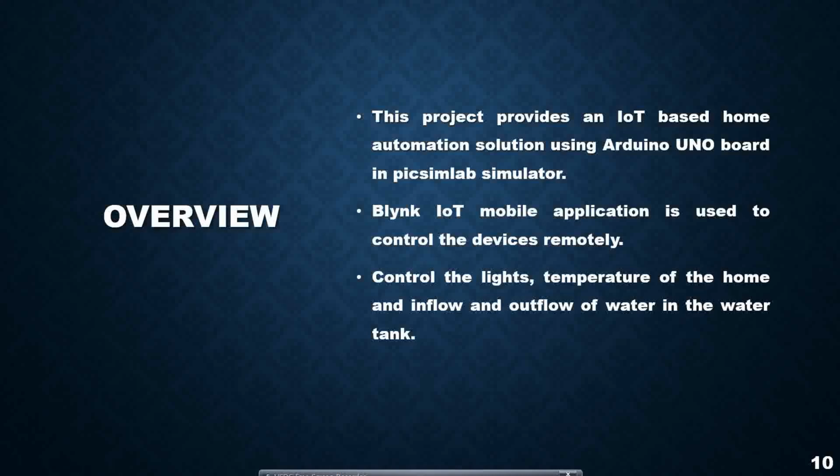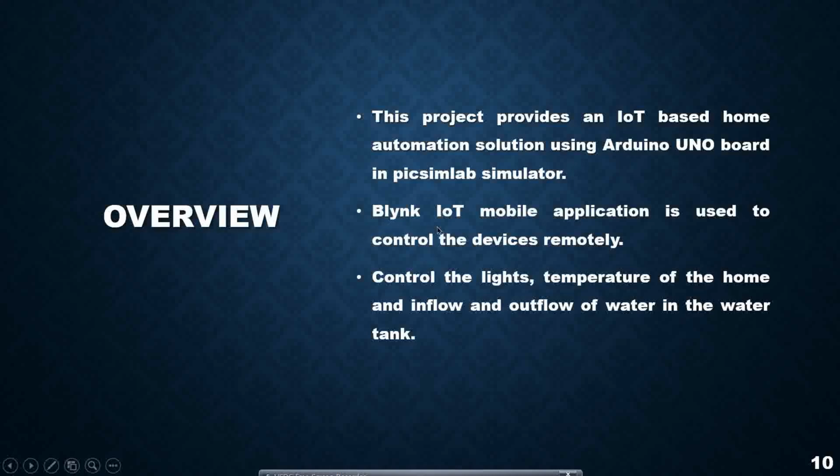This slide contains the overview of our project. Our project provides an IoT-based home automation solution using an Arduino Uno board in the PixSimLab simulator, a software simulator which contains different types of boards, and we have used an Arduino board with the ATmega32 microcontroller.